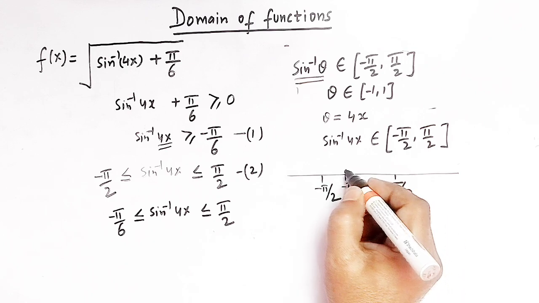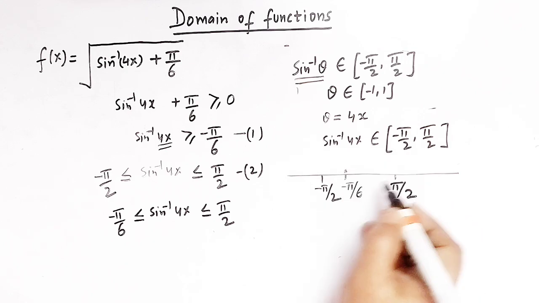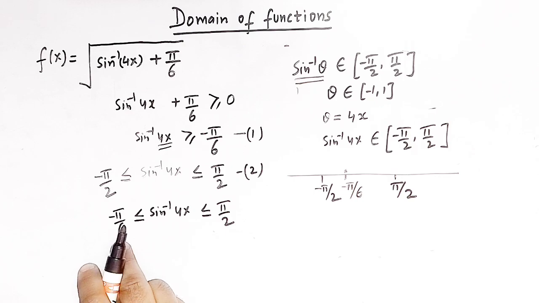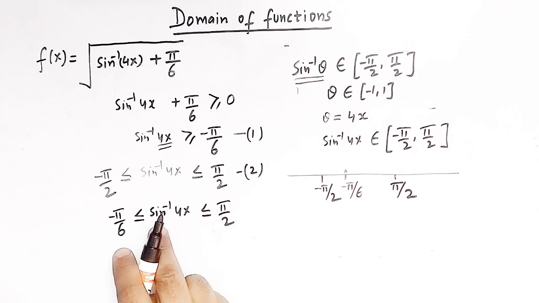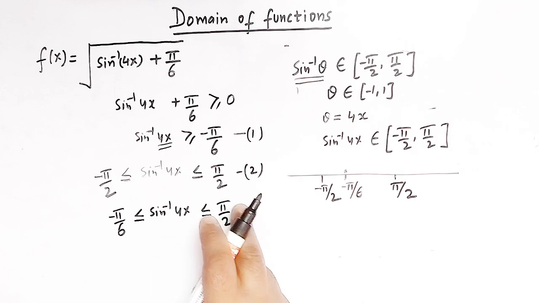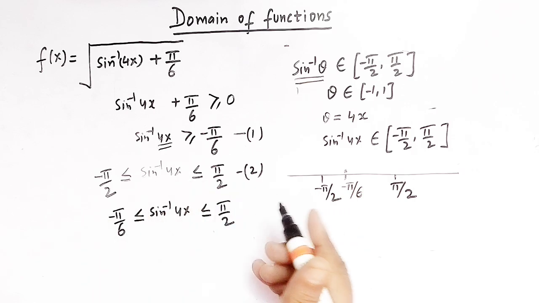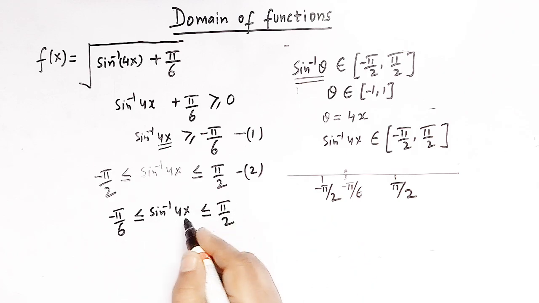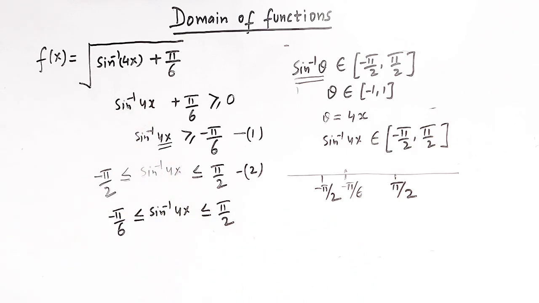So we have to consider only these two points, that is minus pi by 6 and pi by 2. So now we have this inequality, and from this inequality we have to find out the valid values of x for which this function is defined.